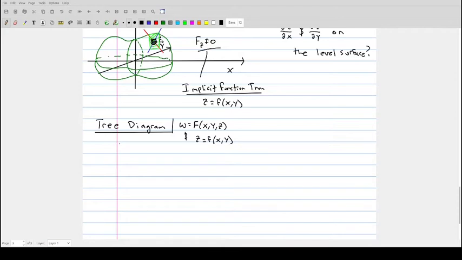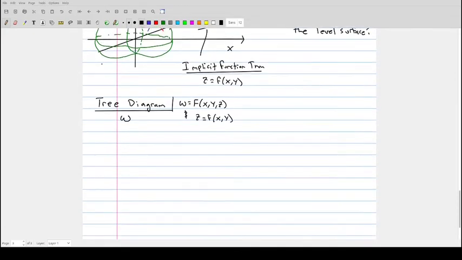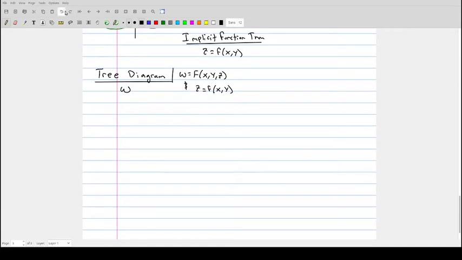The tree diagram for this example is that w depends on z, but it also depends possibly independently on x and on y.